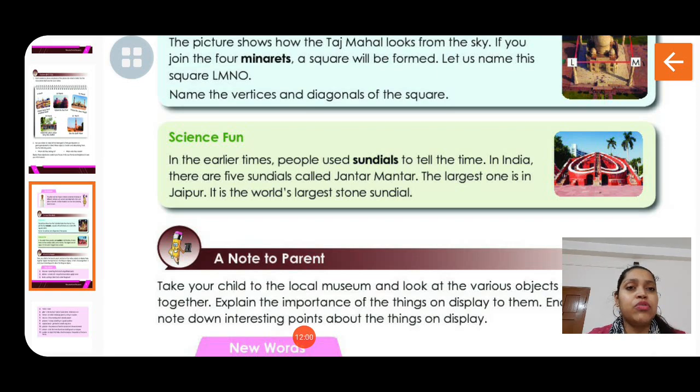You can see on the right hand picture, there is this sundial, the Jantar Mantar. You will find Jantar Mantar in Delhi also, and in many other places, which is called a sundial. And the largest sundial is in Jaipur.